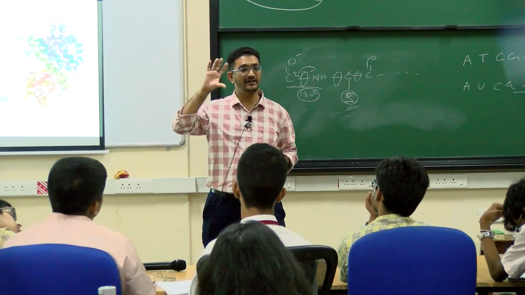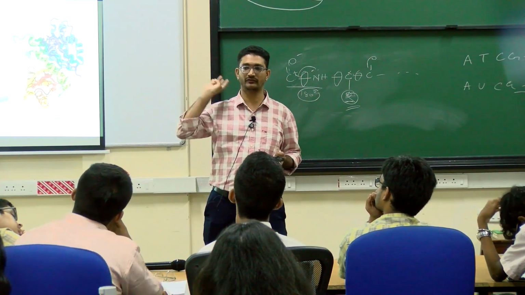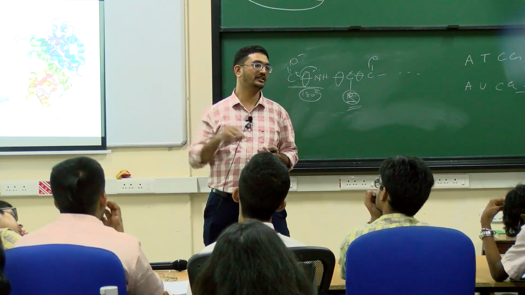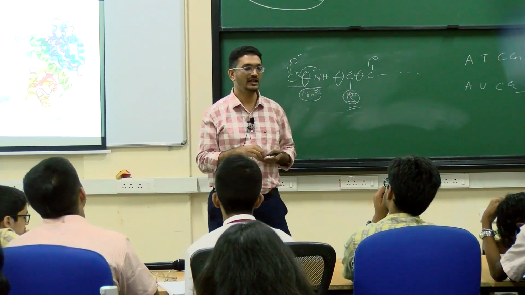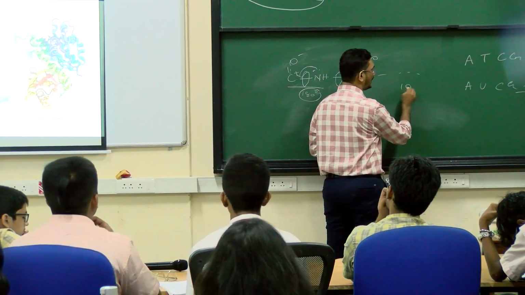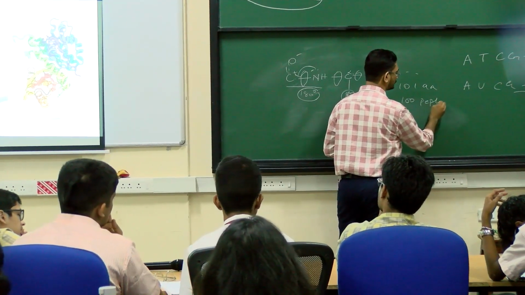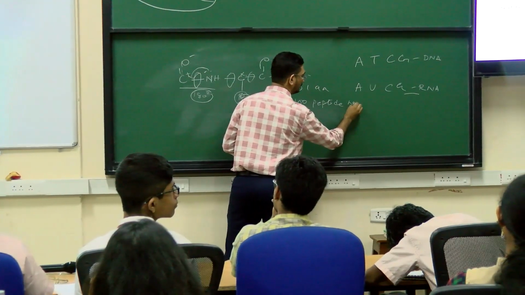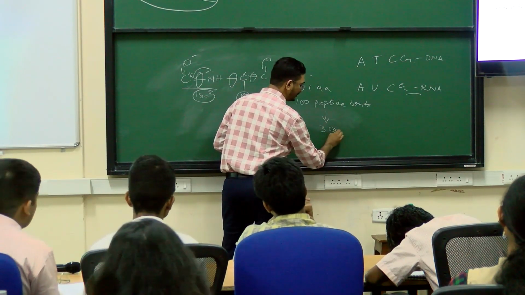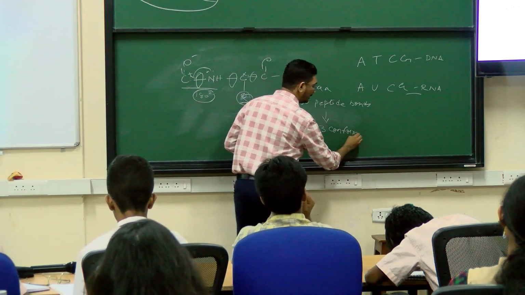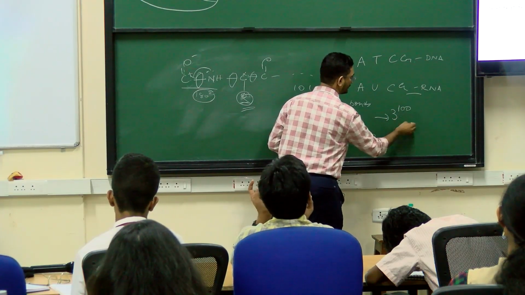So if I have 100 different moieties and each moiety can take three different conformations, how many different conformations are possible? 3 power 100 conformations. So I have 101 amino acids, which will have 100 peptide bonds, and each peptide bond can have three different conformations. So the total conformations that are possible are 3 power 100.